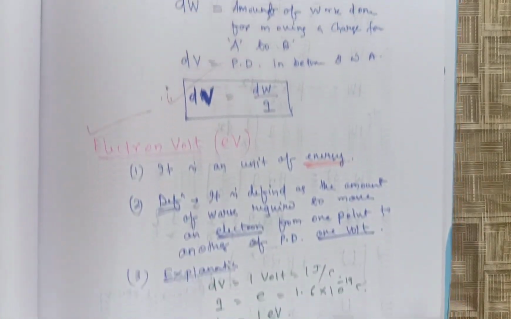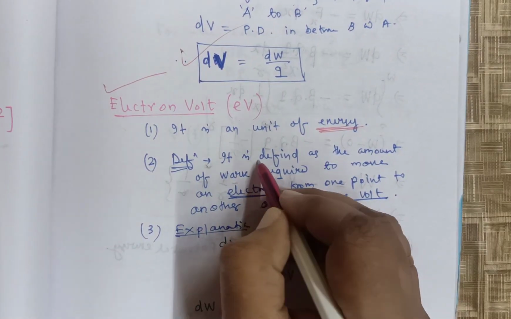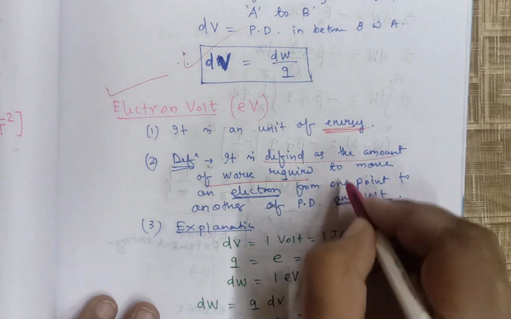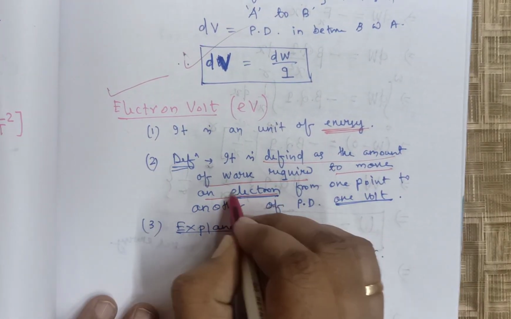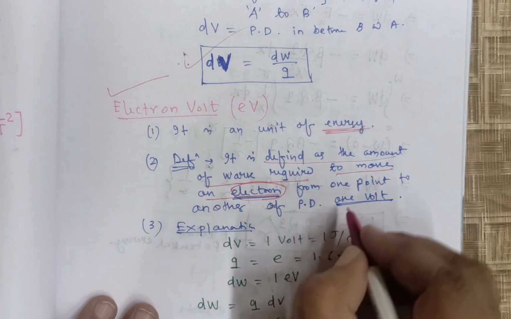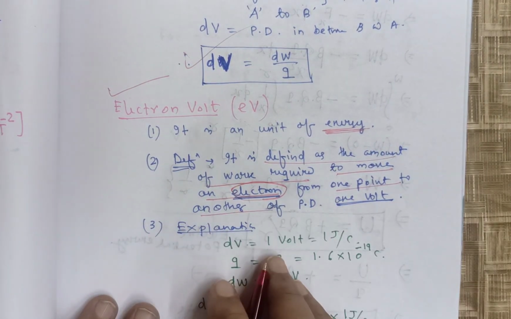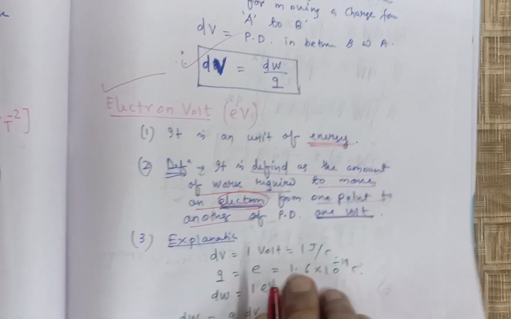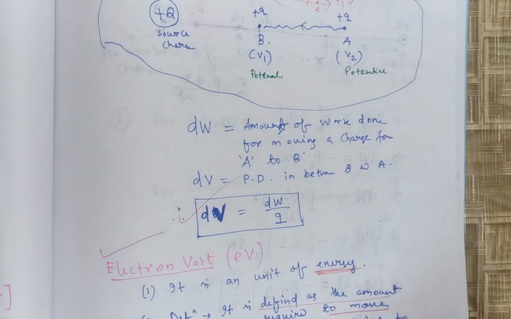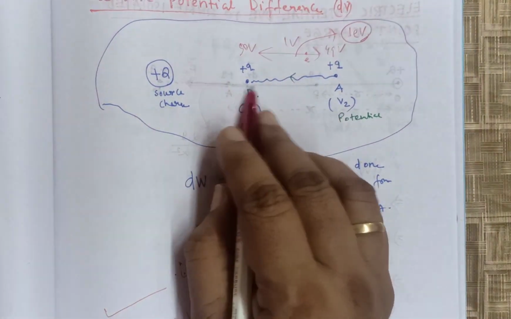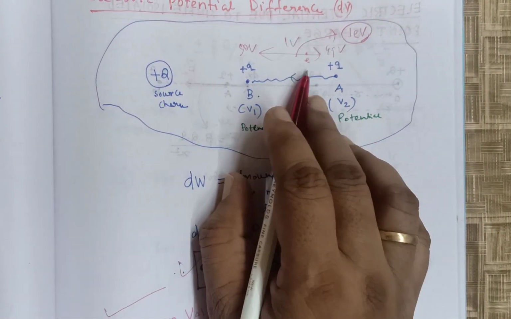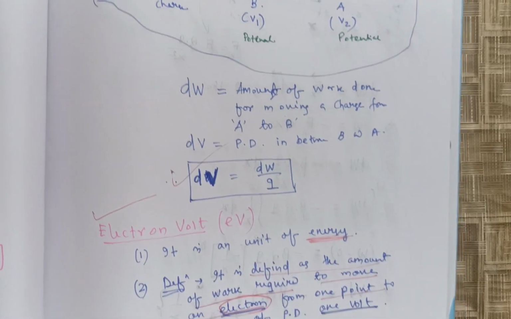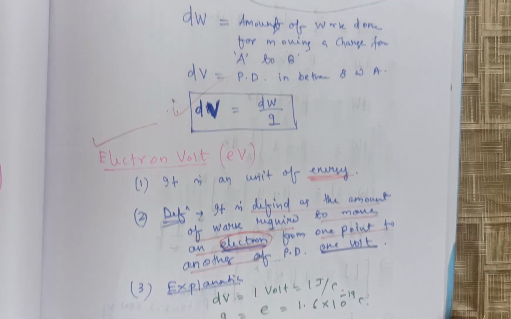So 1 electron volt can be defined as the amount of work required to move an electron from one point to another point with a potential difference of 1 volt in the given electric field. That means this is the electric field given to you, and if an electron moves from this point to this point with a potential difference of 1 volt, then that amount of work is known as electron volt. So electron volt is a unit of work or energy.